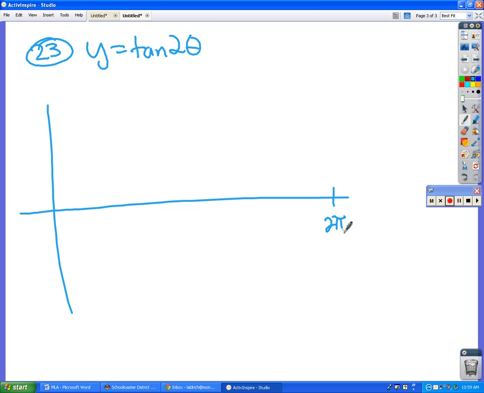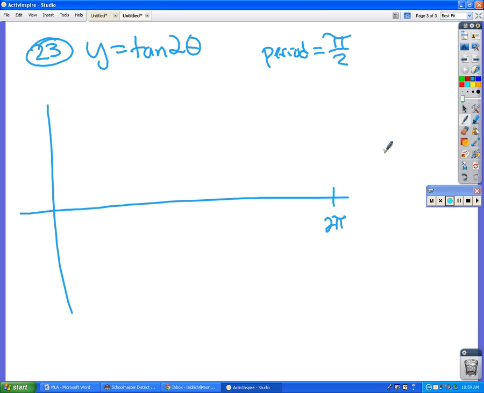Pi over 2. The period of the original tangent function is pi. So since there's a 2 now in front of the variable, my new period is going to be pi over 2. It's the exact same thing as we did with the sine and the cosine. The period of a sine and cosine function is 2 pi. So if you throw a 3 in front of there, it's 2 pi over 3.